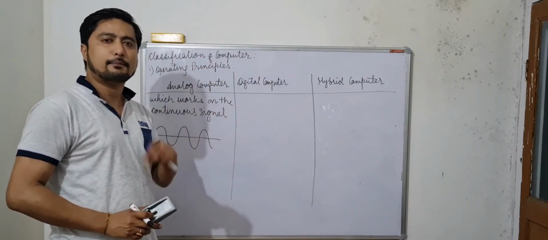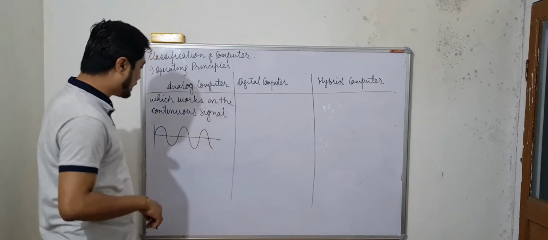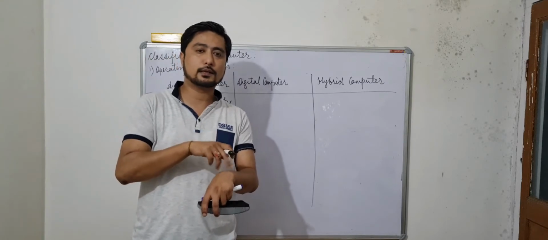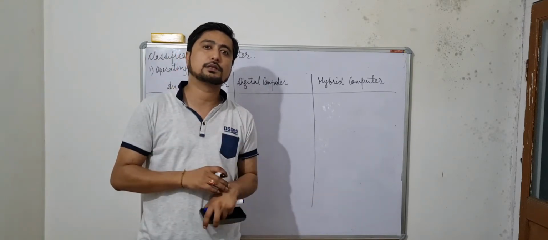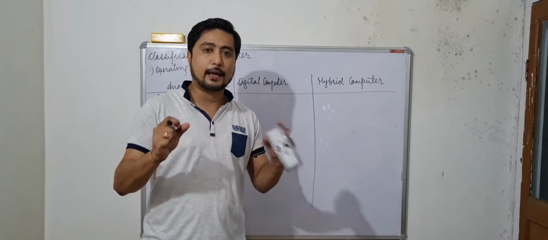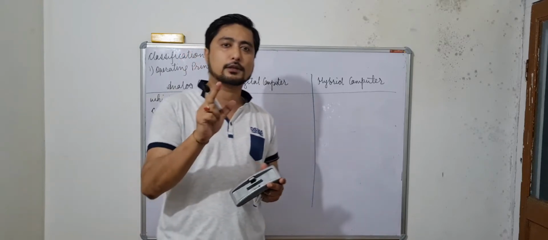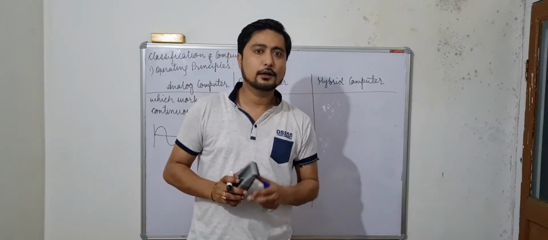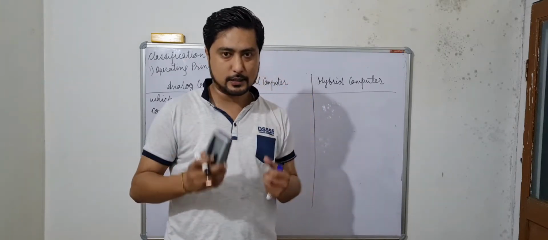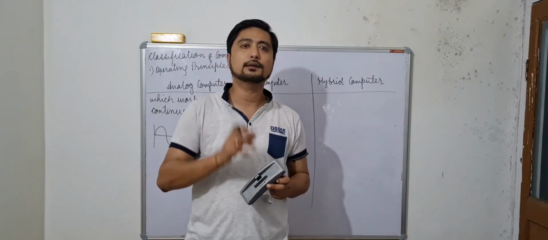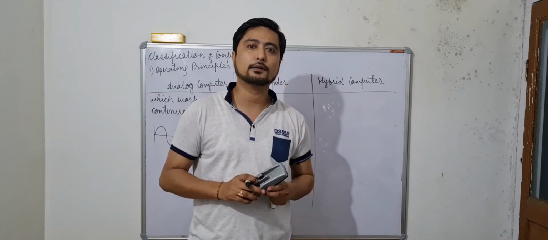Some examples of these analog computers are like our watch. That watch is an analog computer. The speedometer in a bike, where you can see the needle, is an analog computer. And even the weight machine, where we stand and there is a needle, is an analog computer.